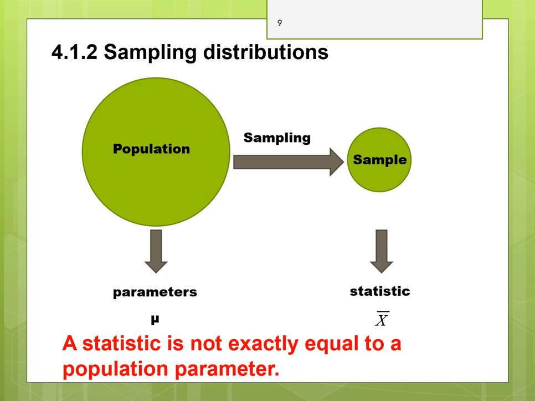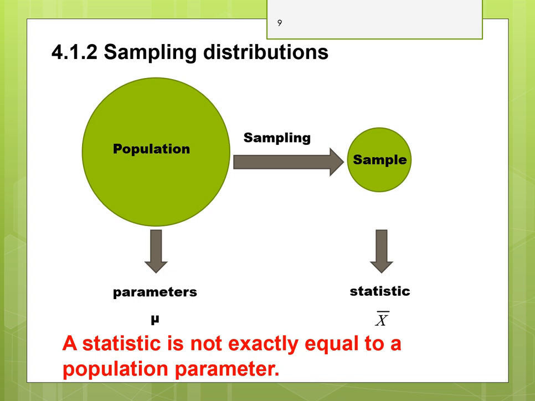Actually, x bar is the mean of the sample, not the mean of the population, right? The mean of the population is mu. Mu means the average of the population. So we say that mu is a parameter. It's one of the parameters of the population, but x bar is just one statistic of the sample.